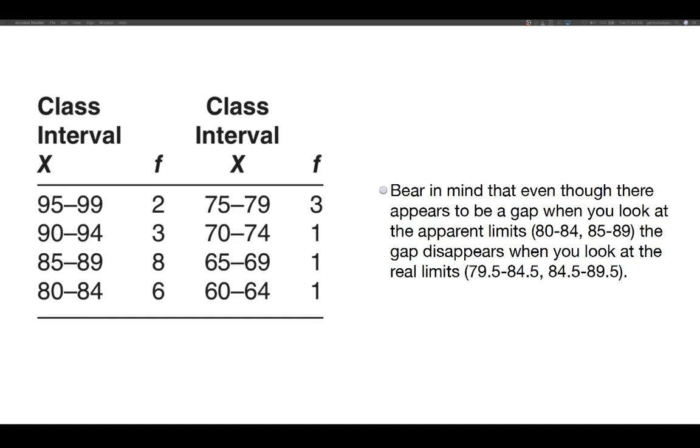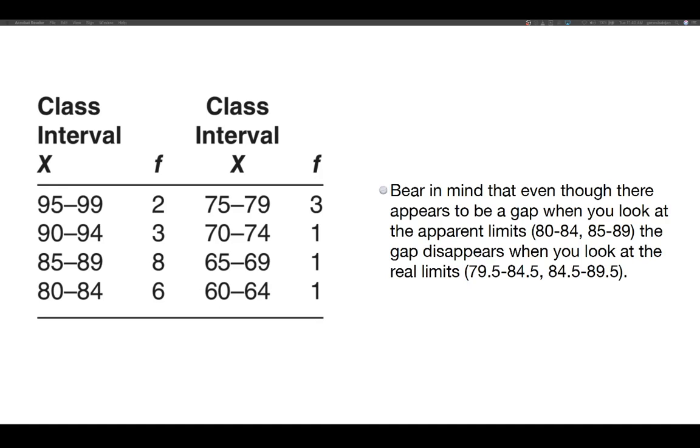Bear in mind that even though there appears to be a gap when you look at the apparent limits, like when you look at the class interval 80 to 84, and then in the next interval we have 85 to 89, the gap disappears when you look at the real limits, which for 80 to 84 is 79.5 to 84.5.